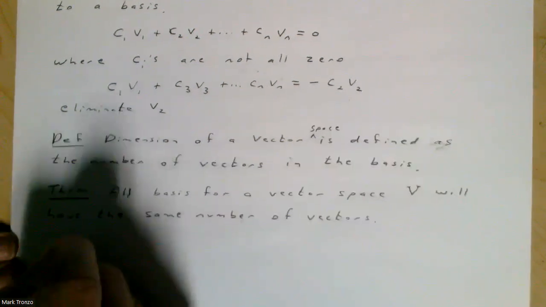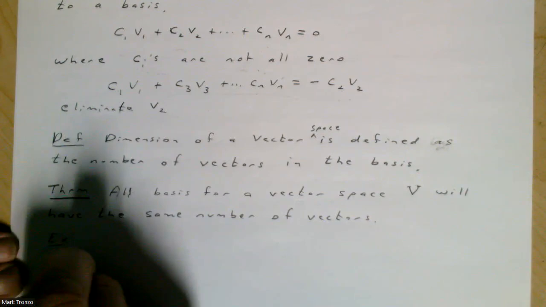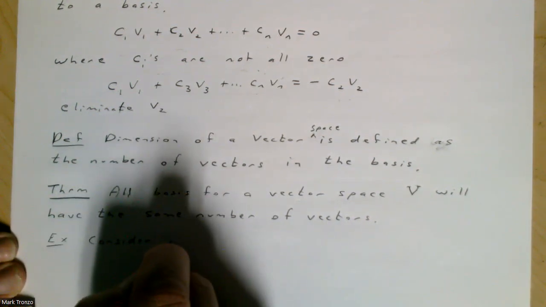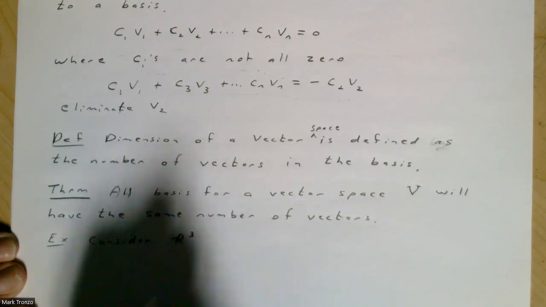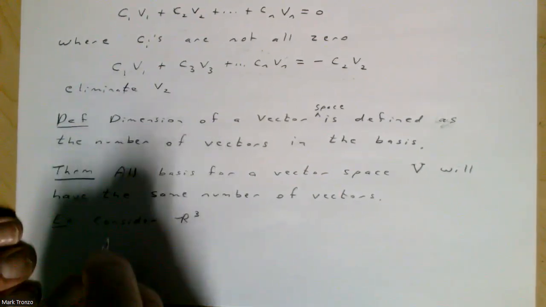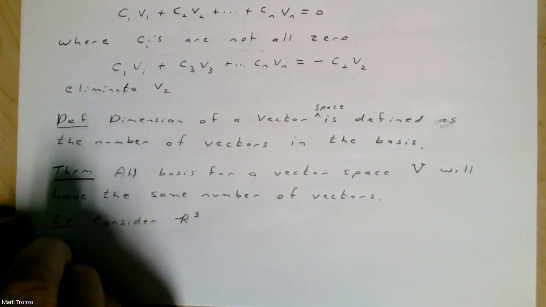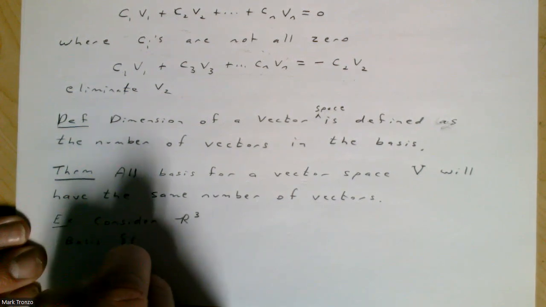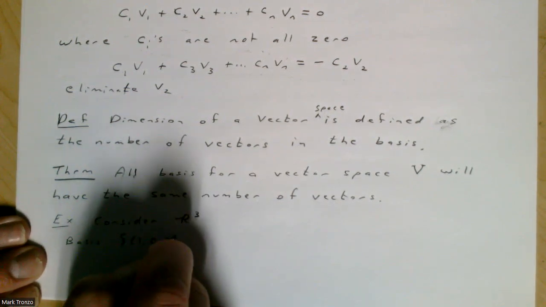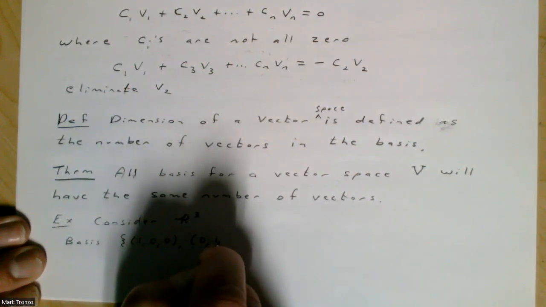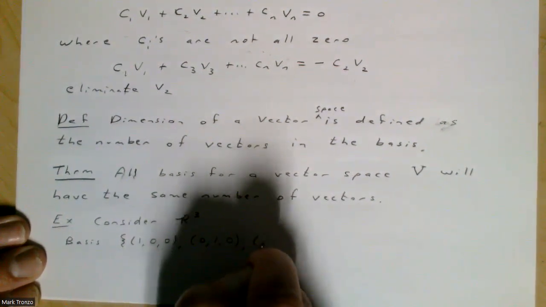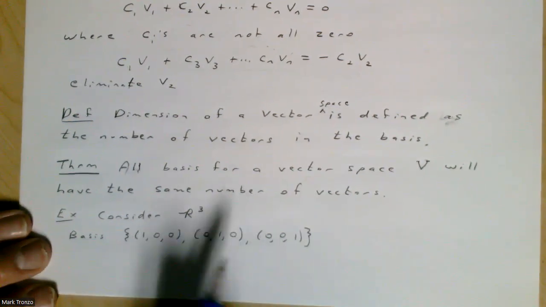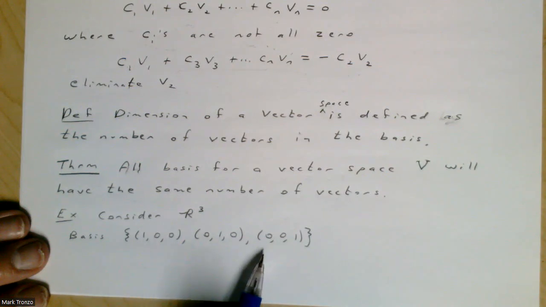And let me give you a simple example. Consider, say, R3. One basis would be the standard basis. You can easily show that these are linearly independent.